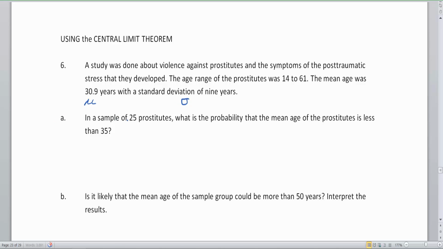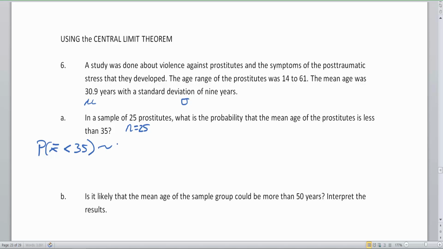So here it says, in a sample of 25 prostitutes, so n equals 25, what is the probability that the mean age of the prostitutes is less than 35? So here's what we're looking at. We're looking at the probability of x bar, and we're looking at x bar because we have n equals 25, is less than 35.